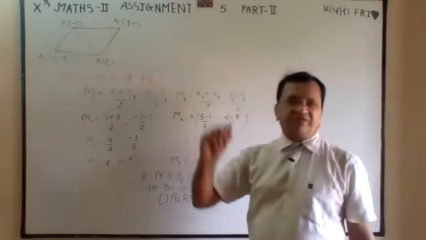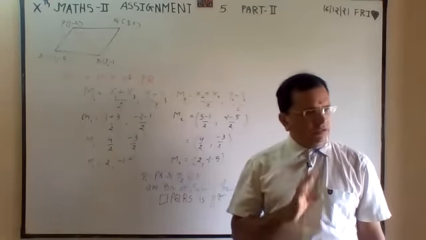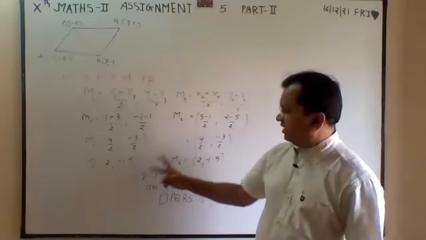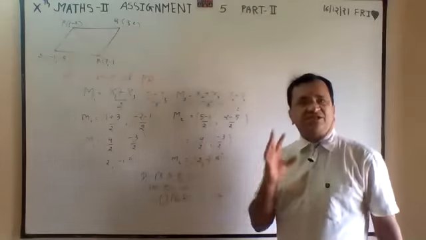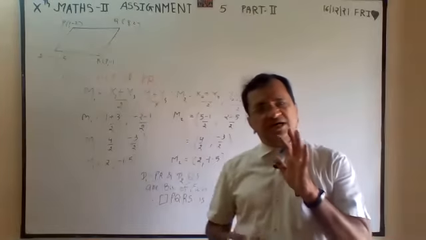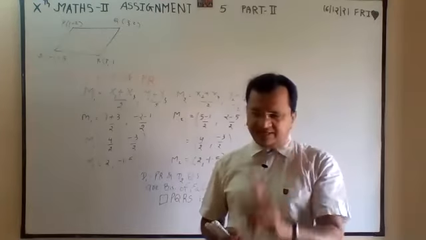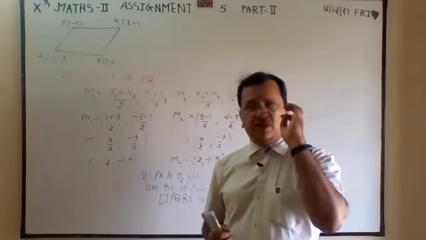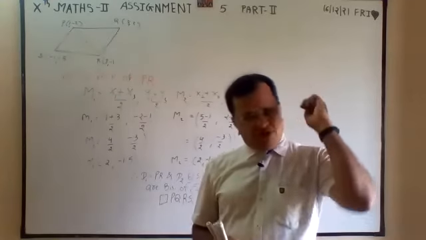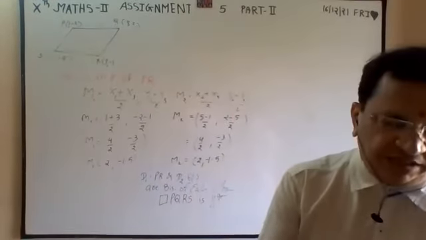Find the midpoint of the second diagonal. If both are exactly equal, then you have to write that diagonals bisect each other. And in any quadrilateral, diagonals bisecting each other means midpoints are common, the same. It is a parallelogram. 101% it is a parallelogram.